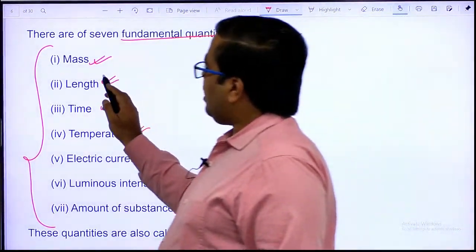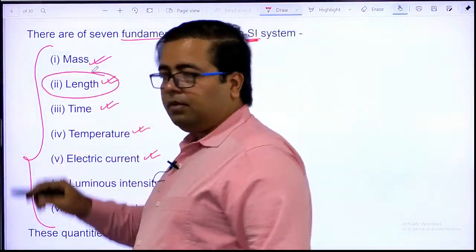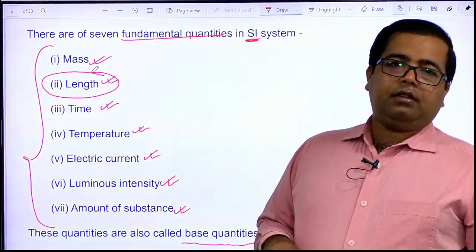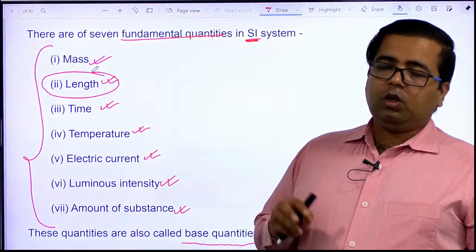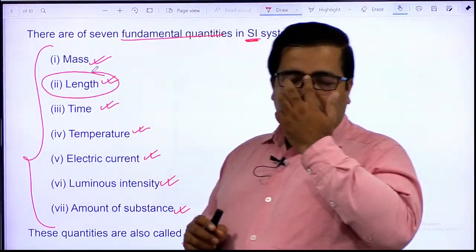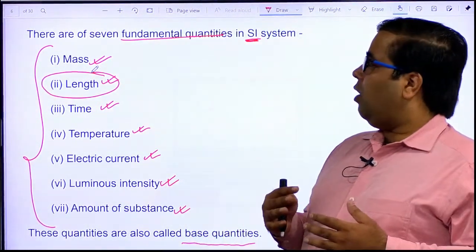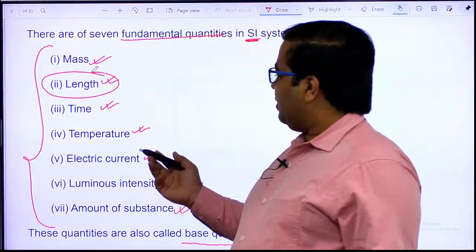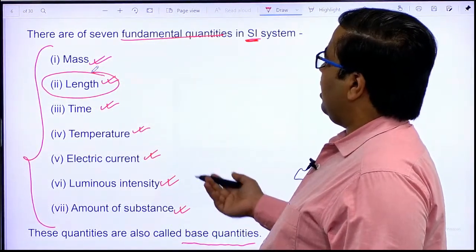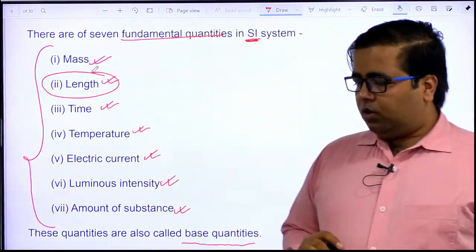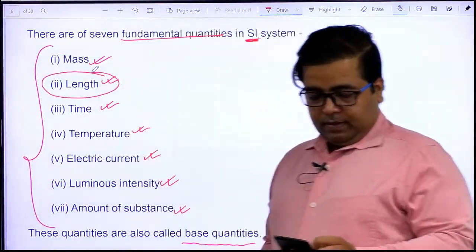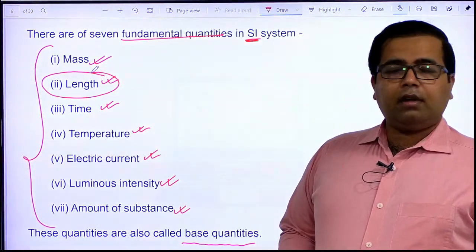In length you have distance, displacement, everything. So these are the set of fundamental quantities. They are not asking about scalar or vector quantity. In length you can have vector also. Did you get your answer?